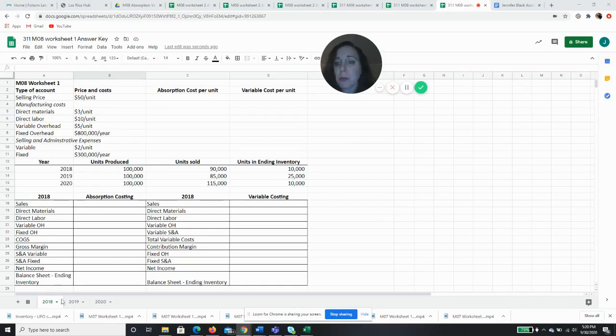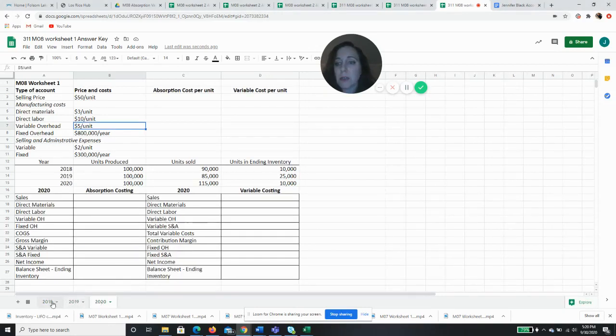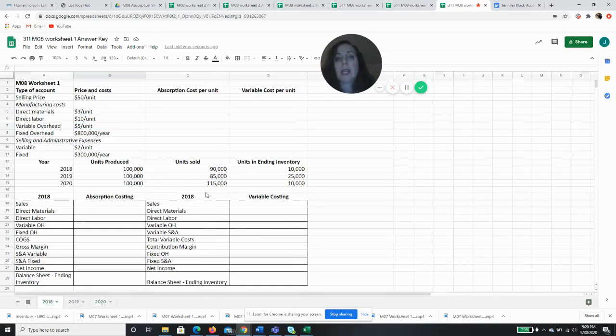We have 3 years in our worksheet, 2018, 2019, 2020. So we're going to go ahead and do it for all 3. All right, so our absorption cost per unit includes $3 for direct materials, $10 for direct labor, $5 for variable overhead, and we have $800,000 a year in fixed overhead.